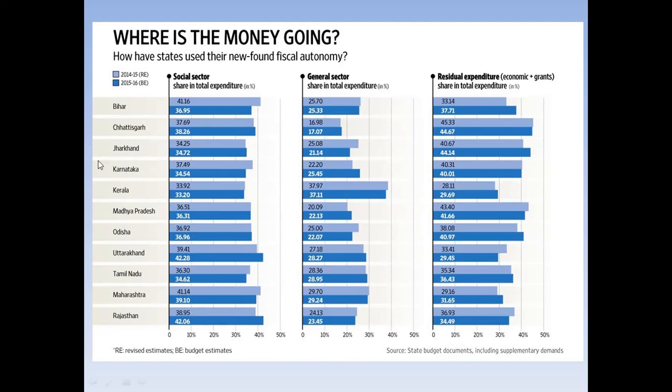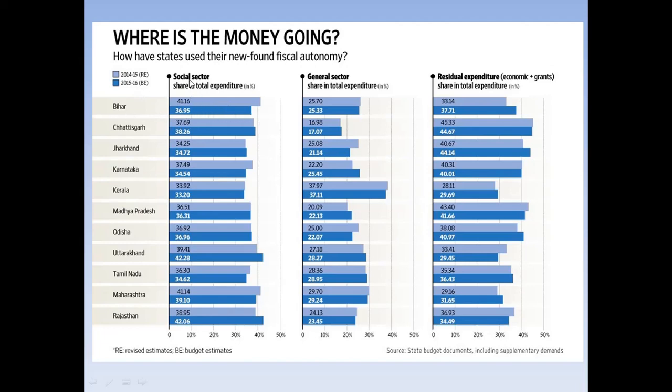Our West Bengal is not in this table. Bihar, Chhattisgarh, Jharkhand, Karnataka, and this data is lightly colored, light blue, you can say. This is for 14-15, and the darker one is for 15-16.